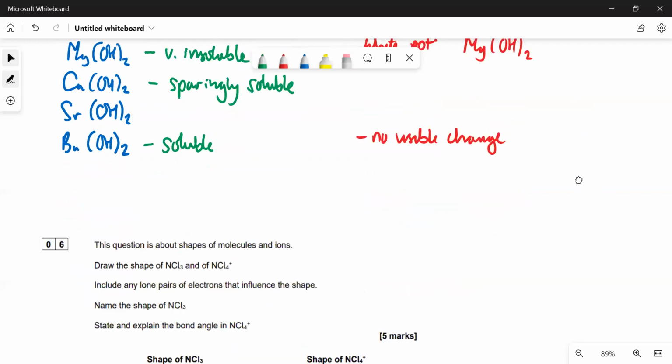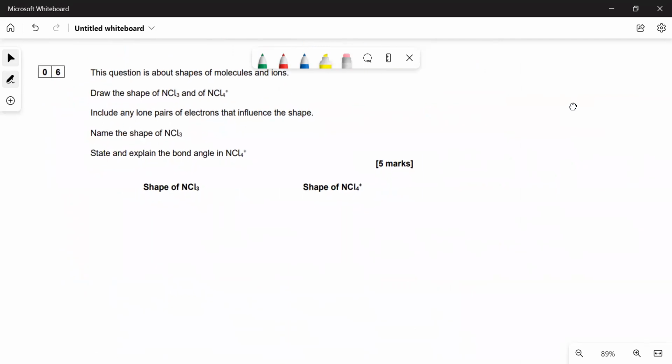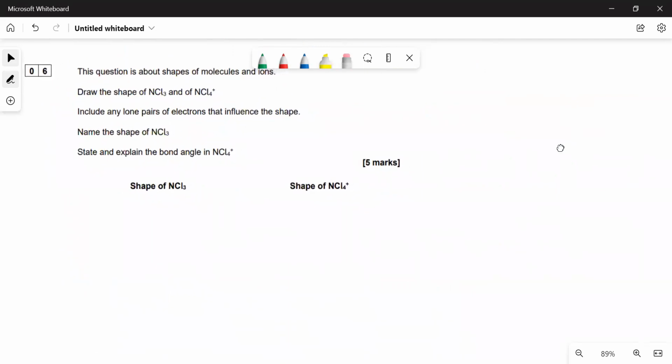All right, shapes of molecules question. Draw the shape of NCl3 and NCl4+. Okay, right, now before I draw the shape, I'm going to draw a dot cross diagram, which I think you should draw, but cross it out because that's not what they want in the answer. Remember, nitrogen is in group 5, so let's draw NCl3.